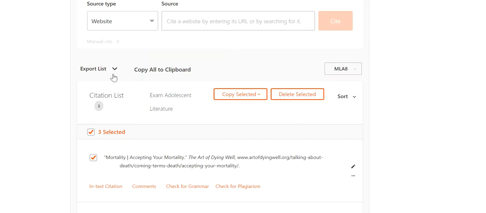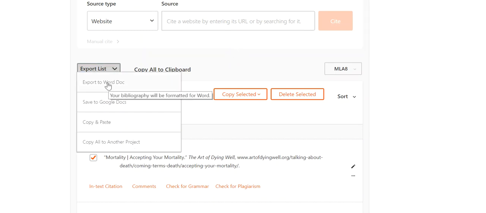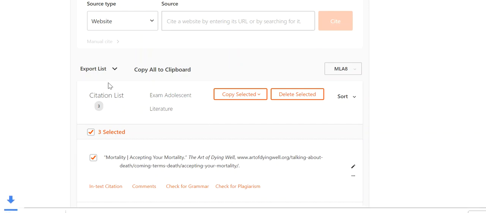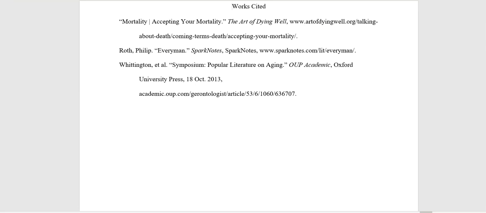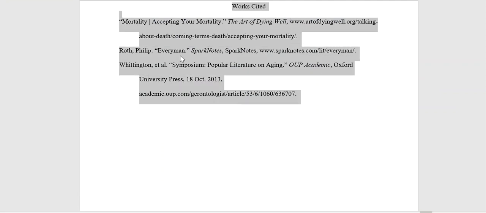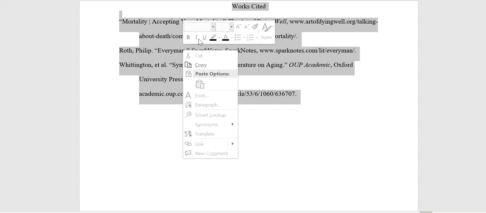And now, and this is important, I'm going to export to a Word doc, because I know it's going to come out correctly that way. So I clicked it down in the tray, and Word is going to come up, and there it is. See, it's all beautifully formatted. I simply copy that.